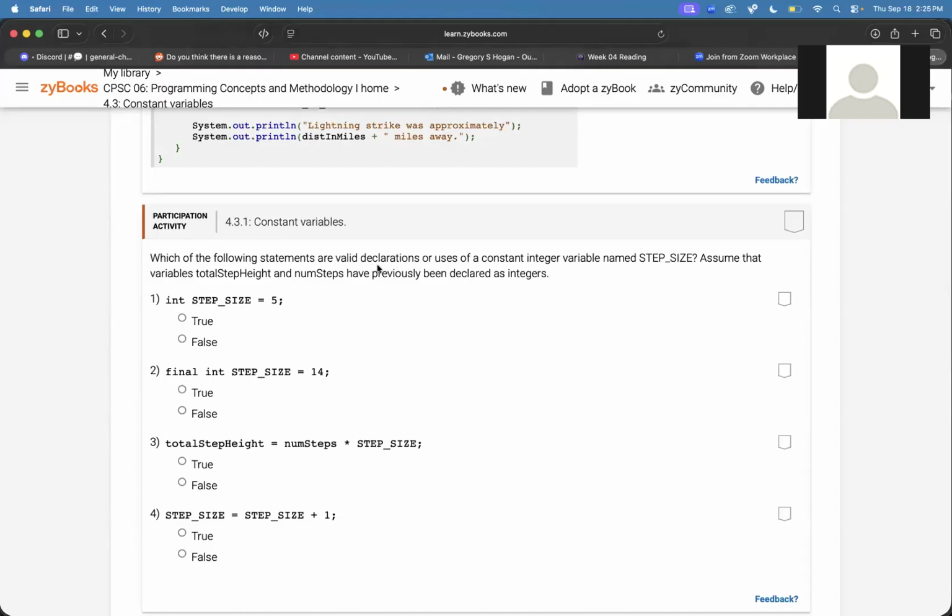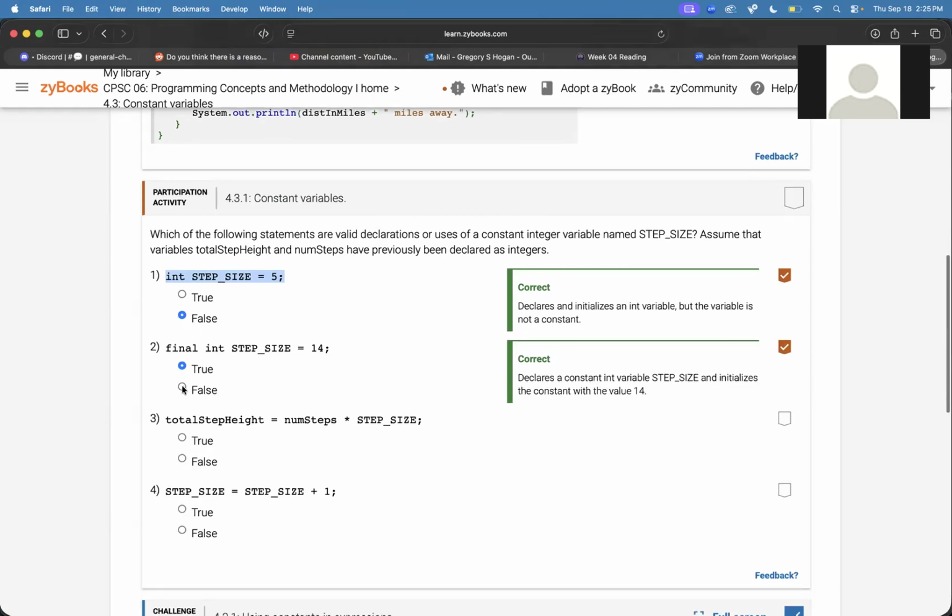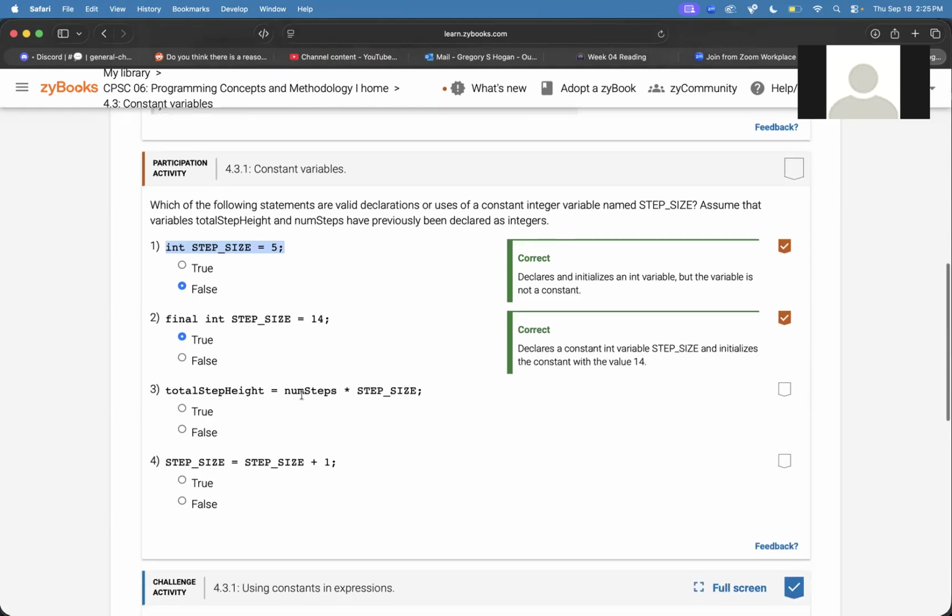All right. Which of the following are declarations of constants? This one's not, because it's not a constant. This is fine, it's an integer, but it's not a constant. Final int step size equals 14. That's the right way to do it. Total step height equals num steps times step size.